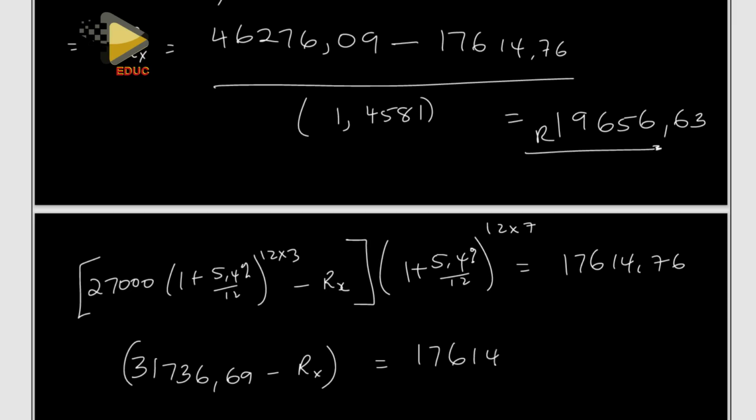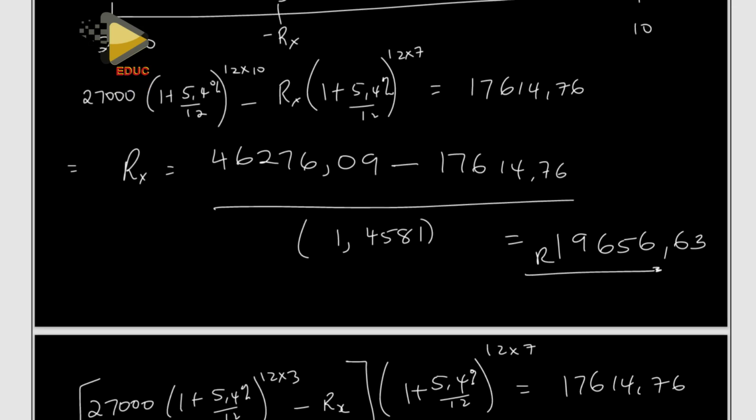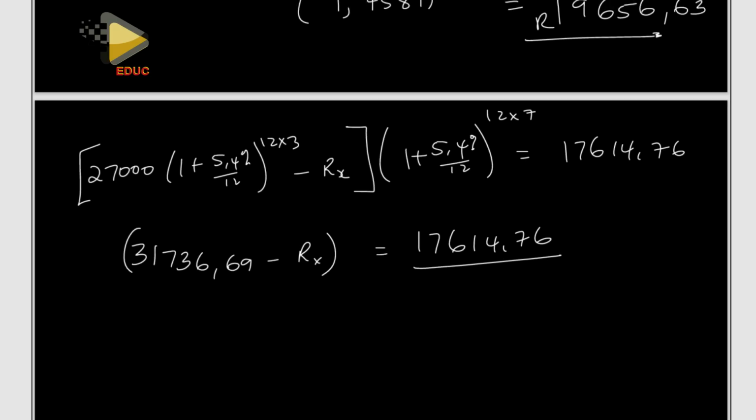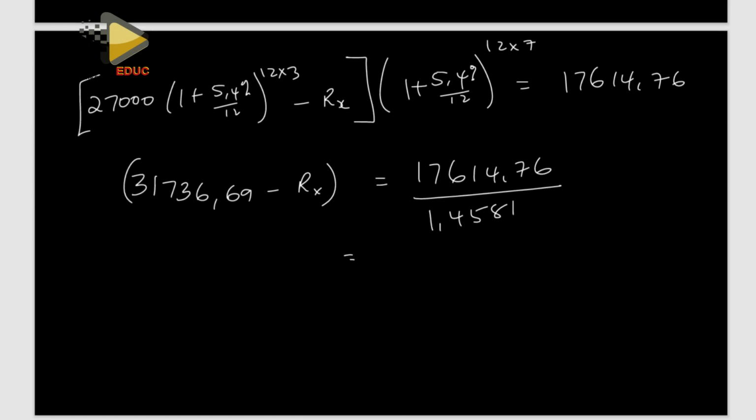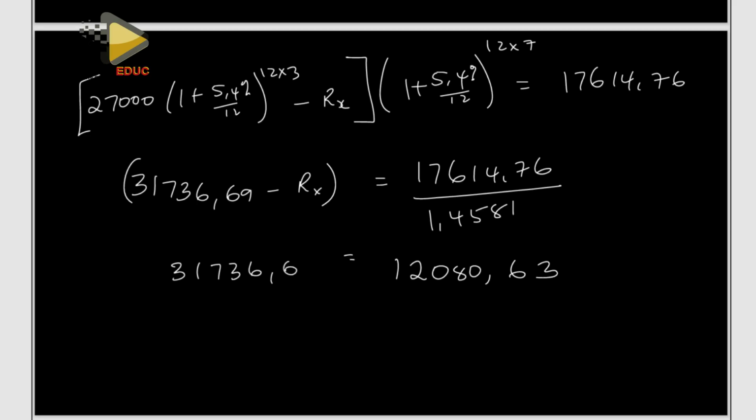So 17614.76 over this, 1 plus 5.4% over 12 to the 84, is giving me 1.4581. Okay, so if I divide that, I'm getting 12080.63 is equal to 31736.69 minus Rx, and then just switch around.